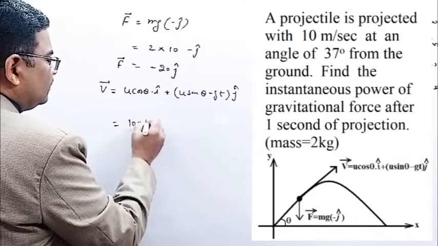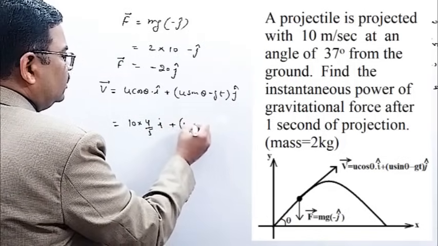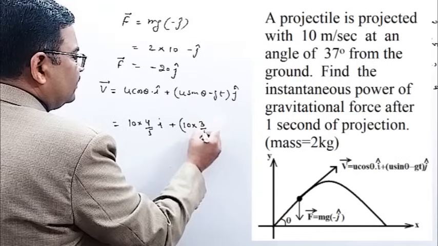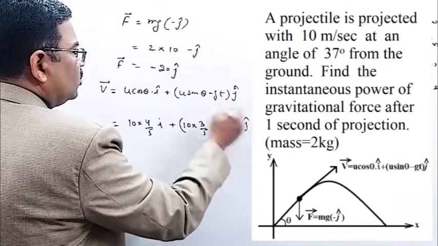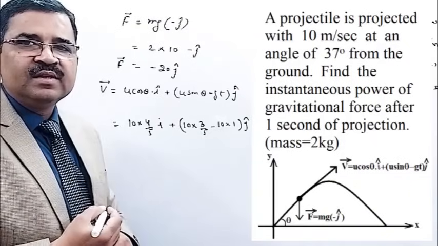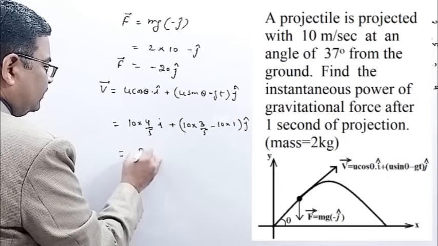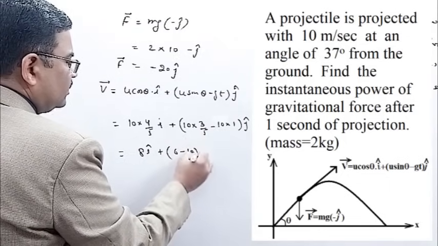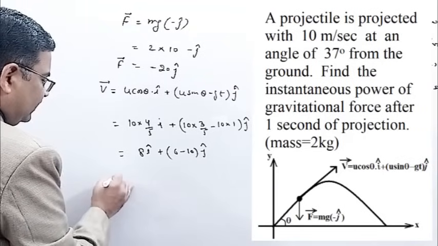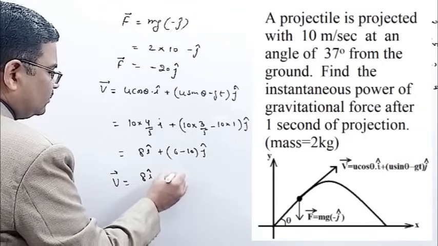So cos 37 is 4 by 5 i plus (10 times sin 37, which is 3 by 5, minus 10 into 1) j, because time is given as 1 second. So I get 8 i plus (6 minus 10) j. So finally I get the velocity vector as 8 i minus 4 j.